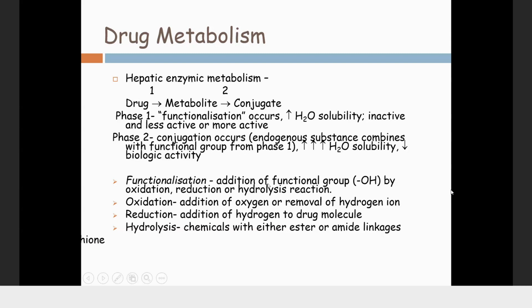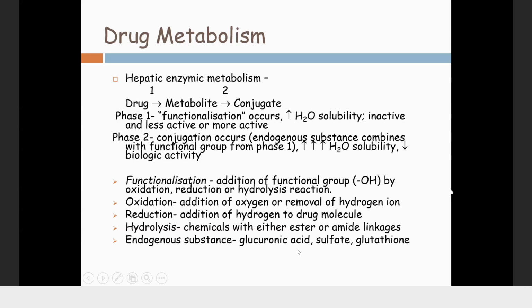What are the endogenous substances? These are like glucuronic acid, sulfate, glutathione. Basically, all these are from the food that we eat. That's why it's written there as endogenous substance.